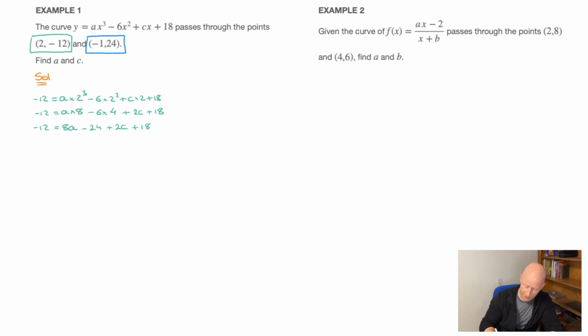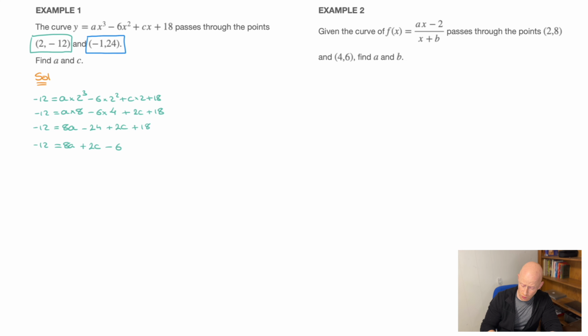I carry on, and on the right-hand side here, we have -24 and this 18 that's being added at the end here. So gathering those two things together, we'll have -24 plus 18, which is -6. And so let me write that. That's -12, which equals 8a plus 2c minus 6.